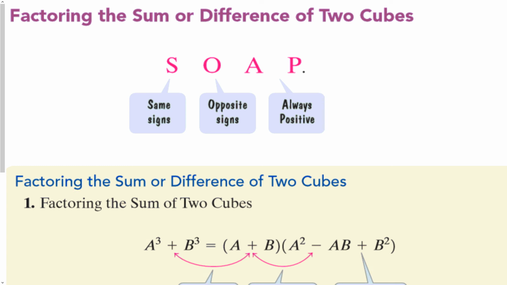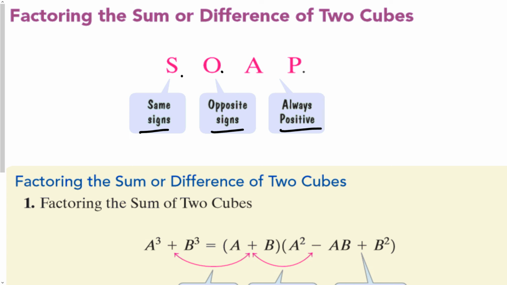And to factor the sum and the difference of two perfect cubes, I like to use the acronym SOAP to help me remember what to do with the signs in the expression. So SOAP stands for same signs, opposite sign, always positive.